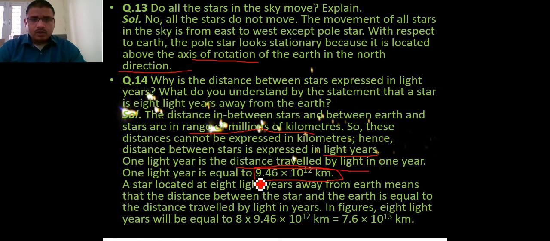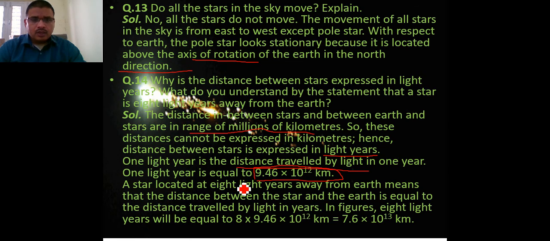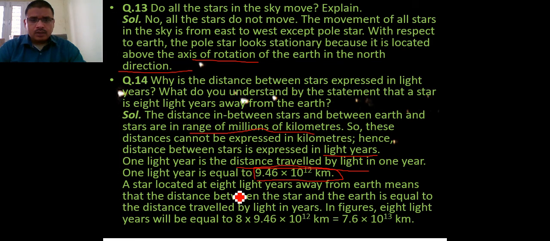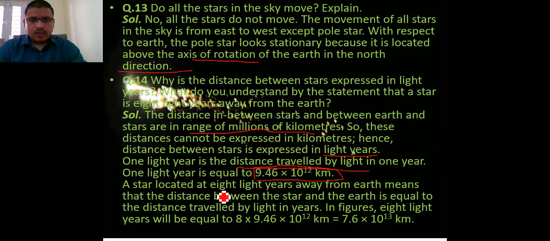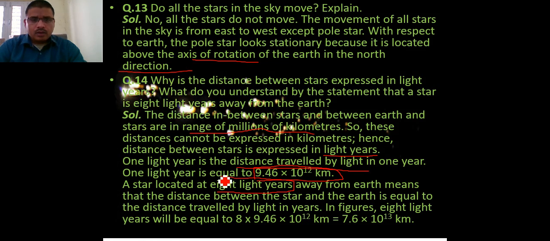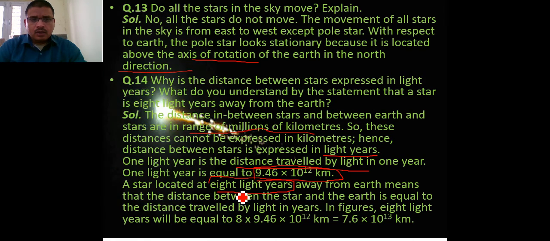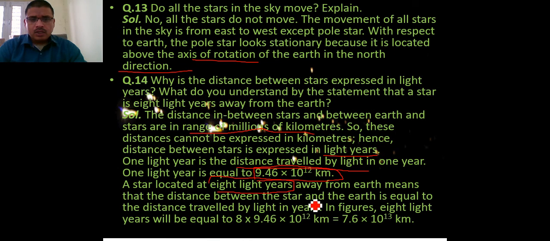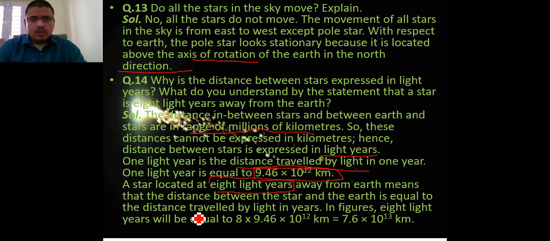A star located at 8 light years means the distance between the star and Earth is equal to the distance traveled by light in 8 years.